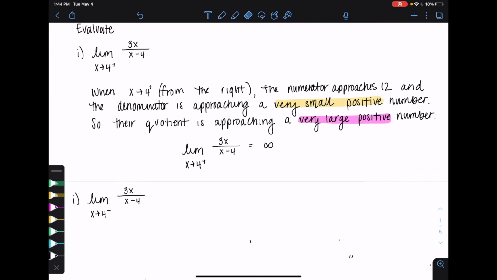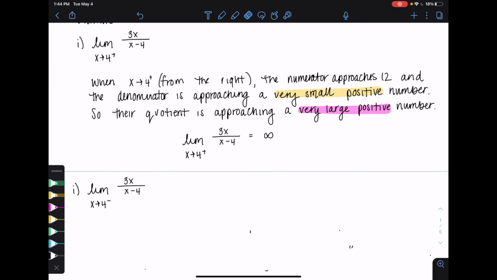If I try the other direction, and I look at what's happening as I approach 4 from the left-hand side, my numerator is still going to 3 times 4. But since I'm approaching from the left, that's numbers like 3.9, 3.999. This is going to be a negative number in the bottom, but still very tiny.